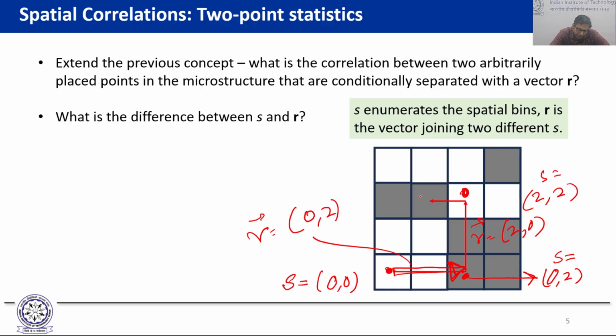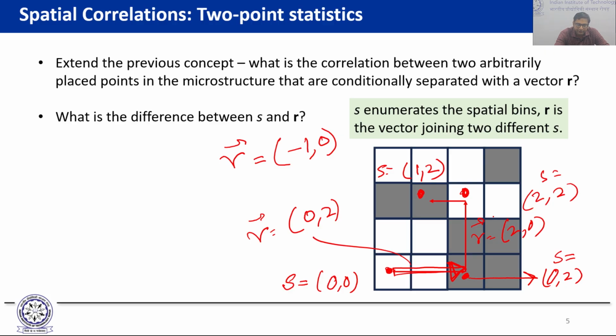And then from here, if I'm moving to something like this, now I have moved to a value of S which is 1, 2, but in order to move in this direction, I have to move in a negative X direction. So the value of R becomes minus 1, 0.